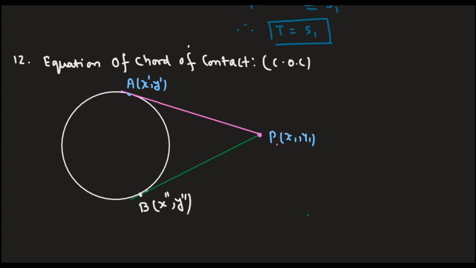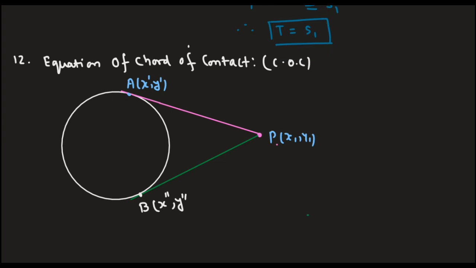Is it clear? So when we join this line AB, the line AB is known as the COC, chord of contact.